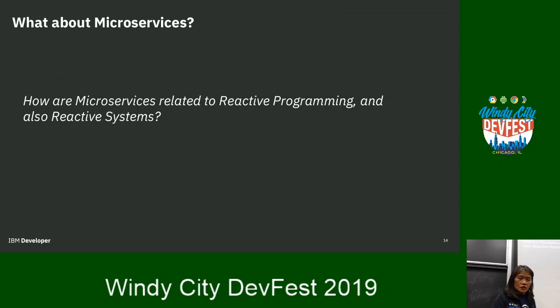Okay, so one quick note about microservices. How do they relate to reactive programming and reactive systems? Reactive programming is used within a single microservice. Your microservice does a particular task, so it implements some internal service logic and also manages the data flow.